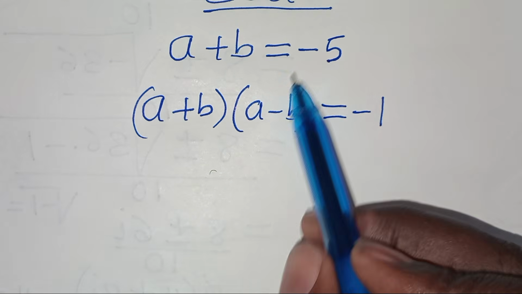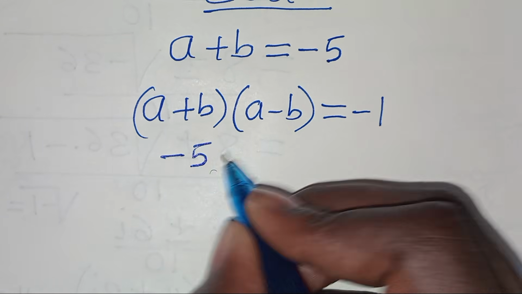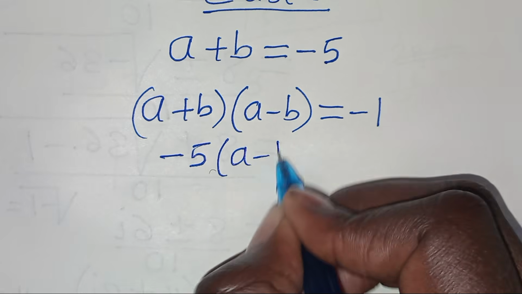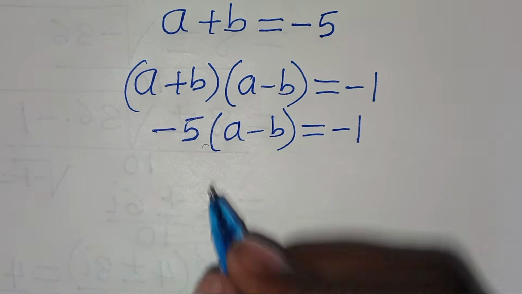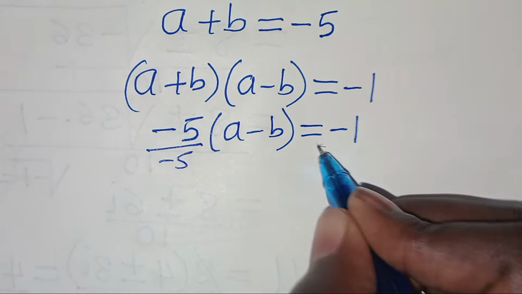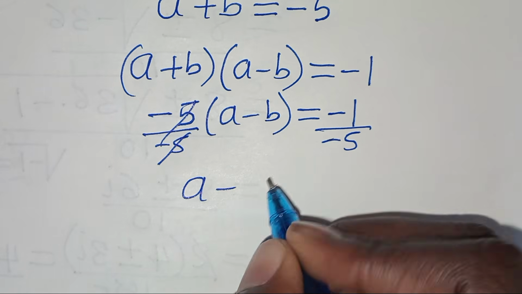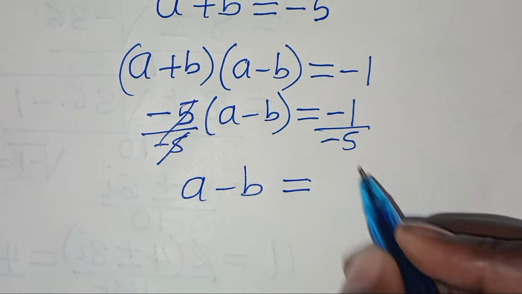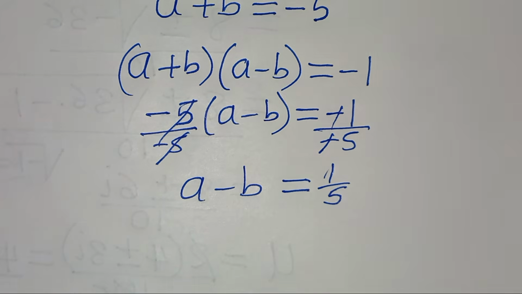Now we can substitute a plus b with minus 5, so that we have minus 5 multiplied by a subtract b, equal to negative 1. So let's divide both sides by negative 5, so that now we have a subtract b is equal to 1 over 5.